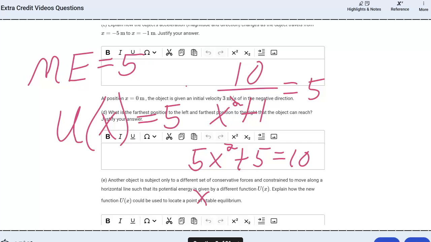And then we're going to get x squared equals 1. x, and shocker, x equals plus minus 1. That's what we were given at the start. The object is constrained by it. It can't go past positive 1 or past negative 1. So it has to stay between negative 1 and 1. And we just proved that.